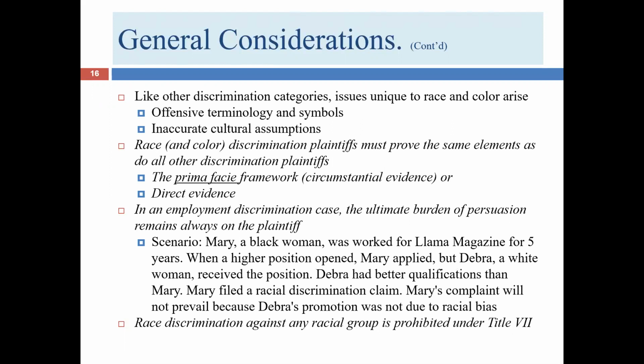The third thing that the plaintiff has to prove is that there was some kind of adverse action taken against him or her. Being terminated is clearly an adverse action, so that one's usually very easy to prove. The fourth is the most vaguely stated, and that is that there has to be at least one more piece of evidence that points to the fact that there could be racial discrimination.